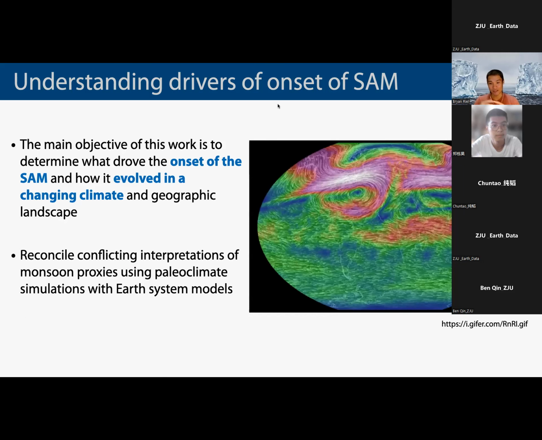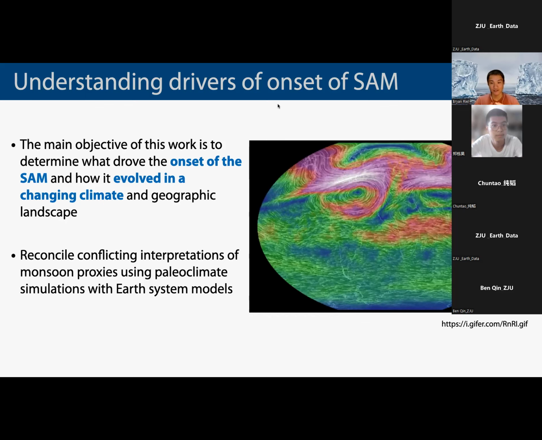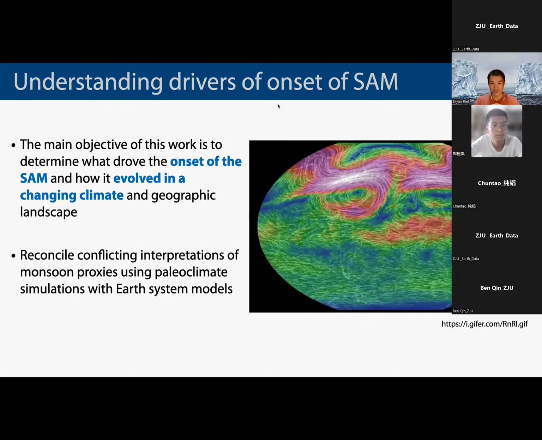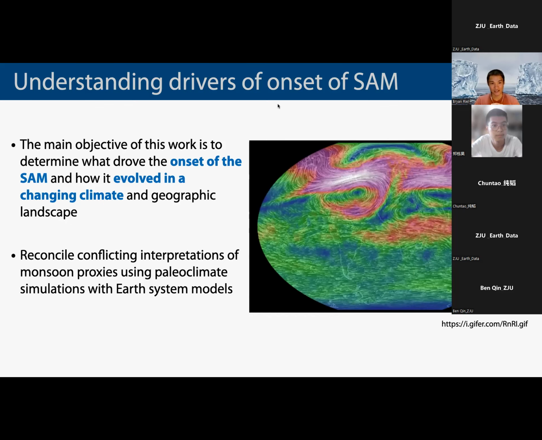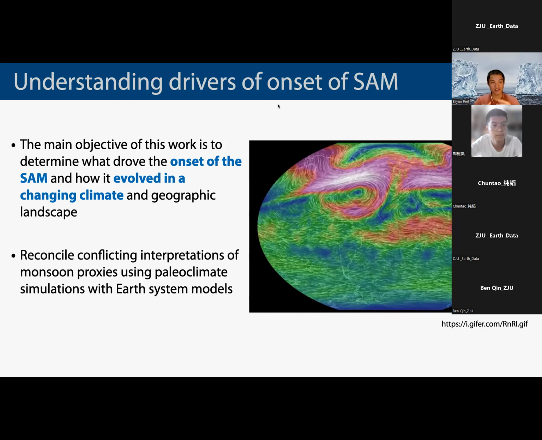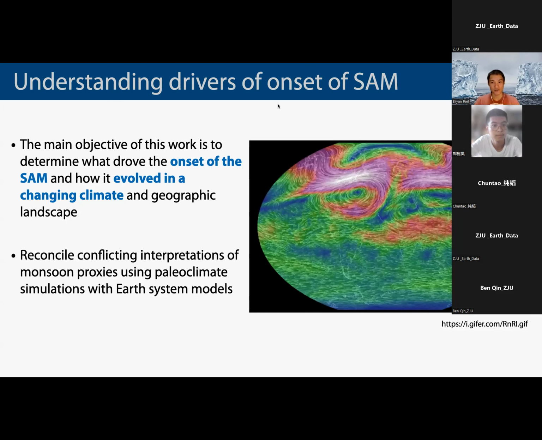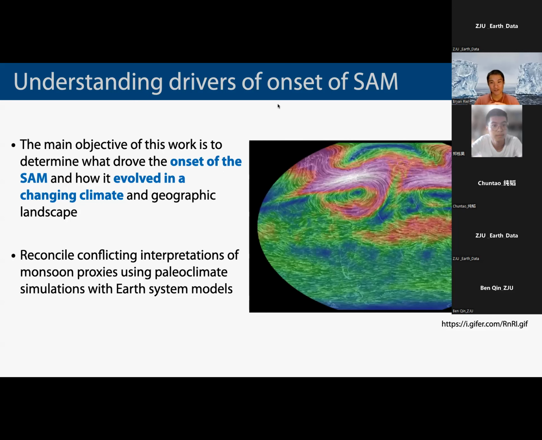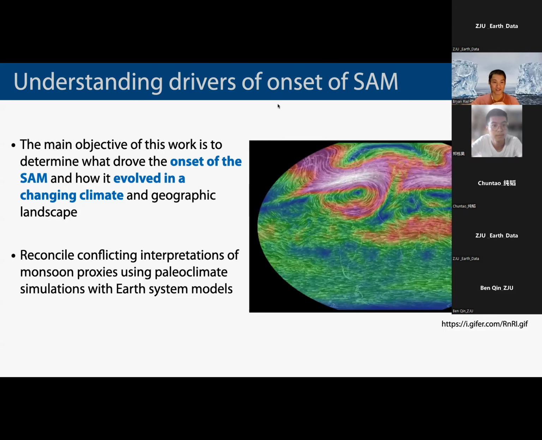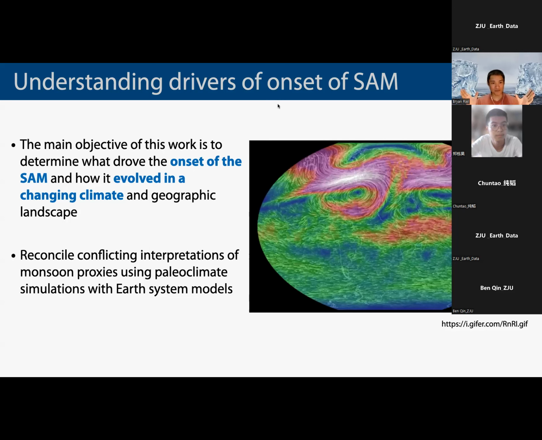This can actually be important for us in the future, because our climate is changing as well. It would be interesting to see if we can understand the changing drivers of SAM onset. We could potentially get a better understanding of how these rainfall patterns could change in the future, as topography will change as well, but that's a much, much longer time scale. So that's the main motivation.